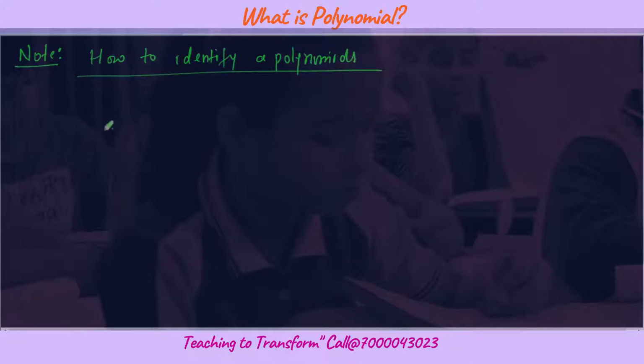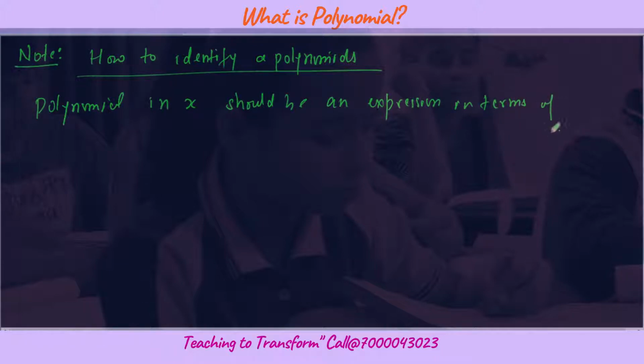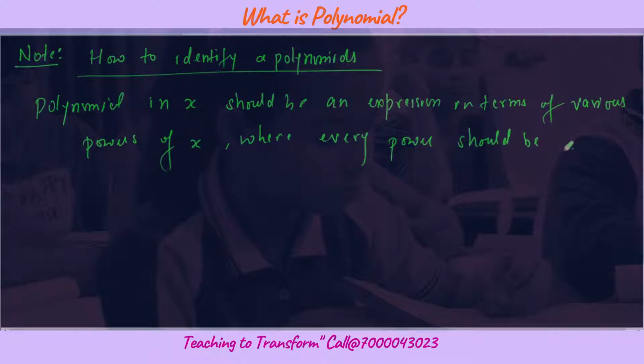A polynomial in x should be an expression in terms of various powers of x, where every power should be a positive integer.